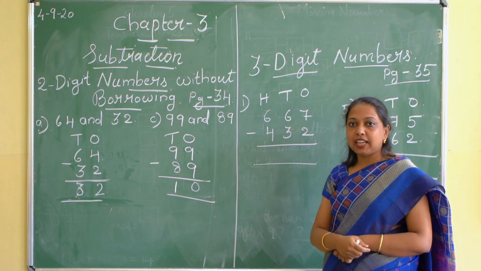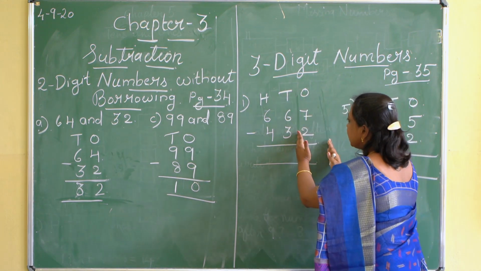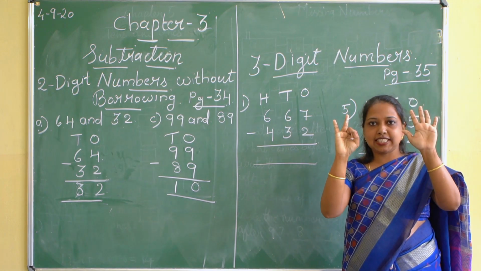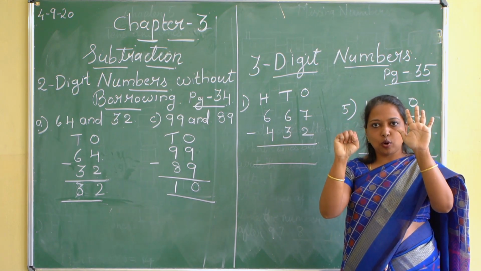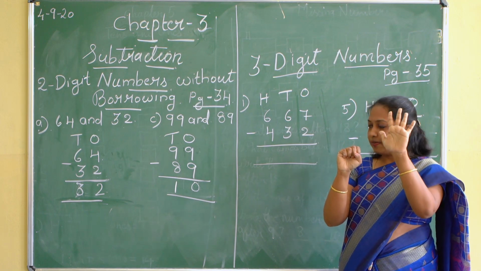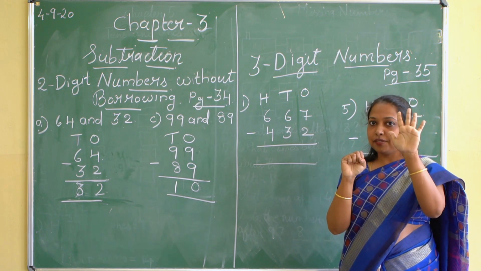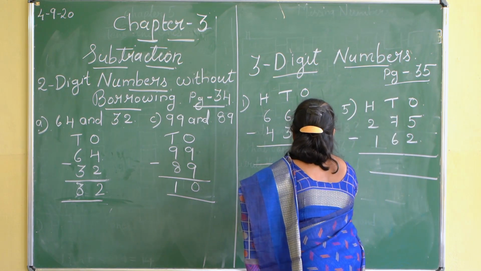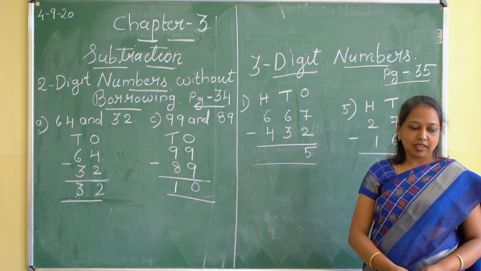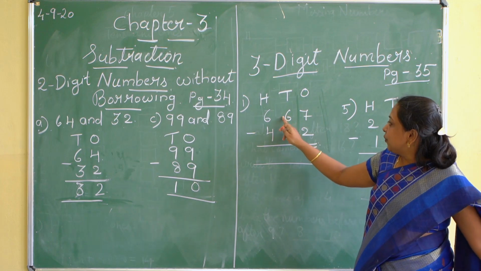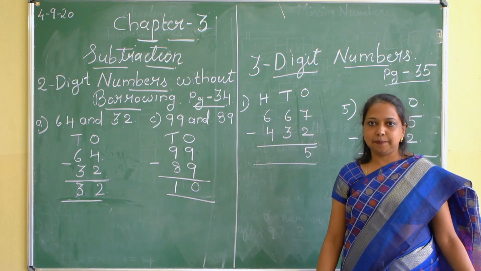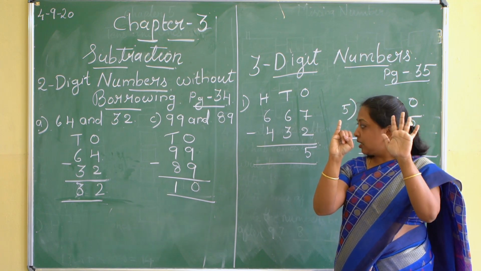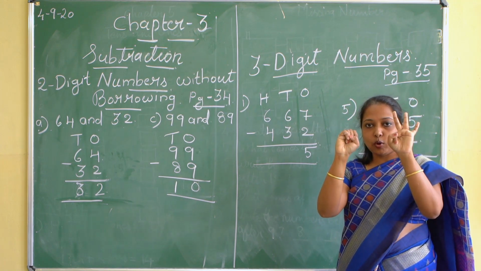Now we can start from 1's place. 7 minus 2. Take 7 fingers and fold 2. You got 5. You can write 5 in the 1's place. Now, we can move to 10's place. 6. Take 6 fingers. Take away 3 fingers.